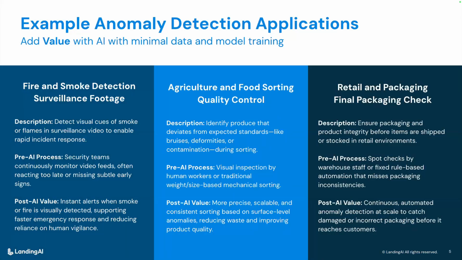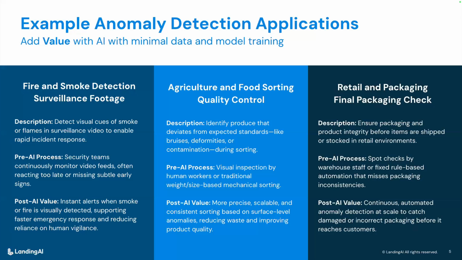All of these are critical early alert systems that help the human in their visual inspections. It's hard for someone to do any kind of continual monitoring. So to be able to react earlier, or if you're missing subtle early signs, has a lot of value, in the fire and smoke detection example, really supporting faster emergency response.